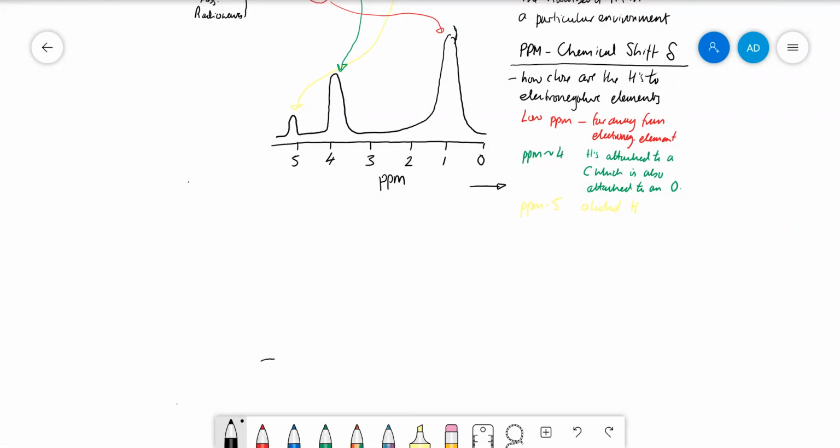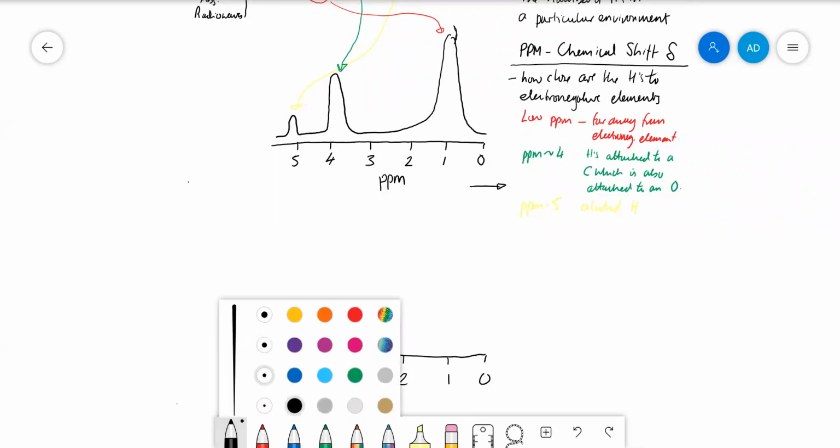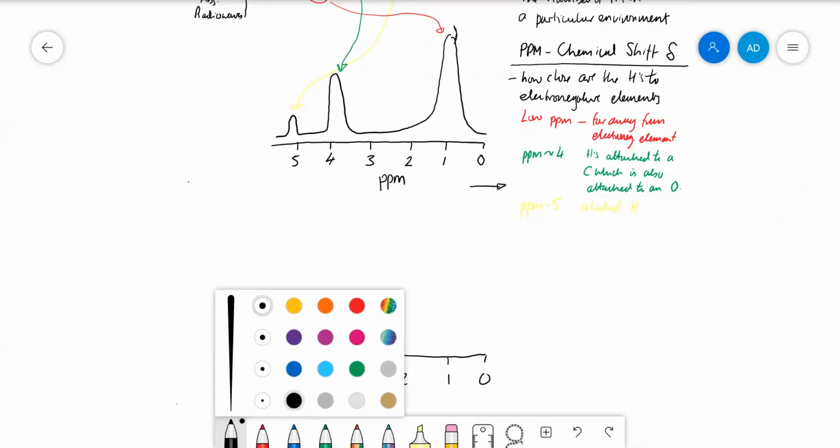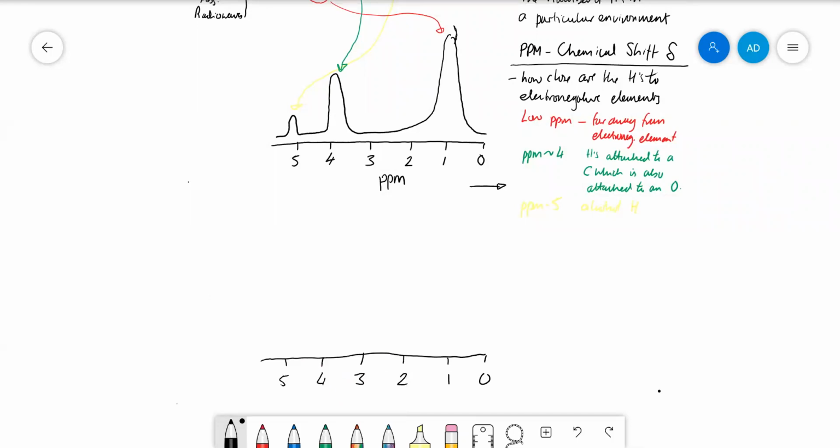Same scale there. This peak here at ppm of about 1 is actually split into 3 small peaks.